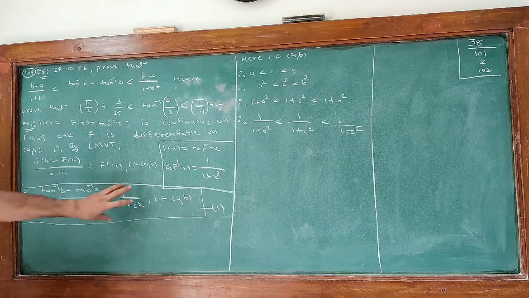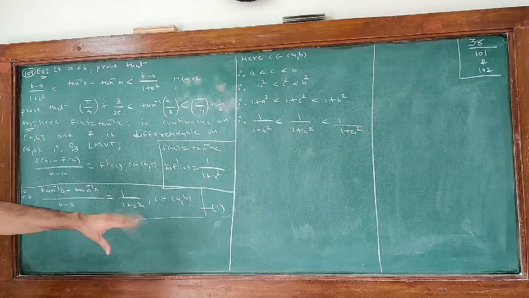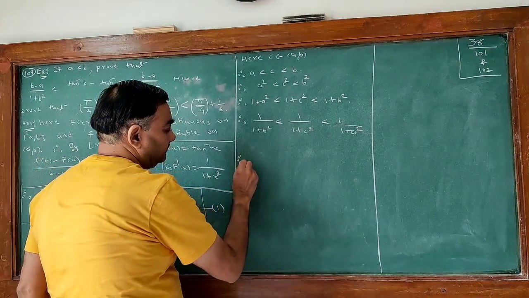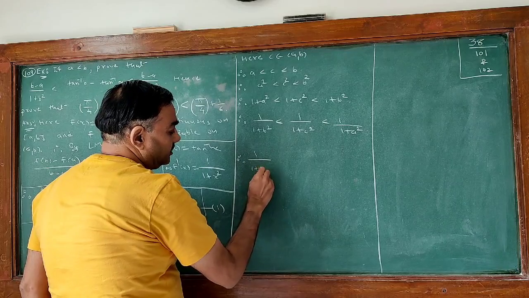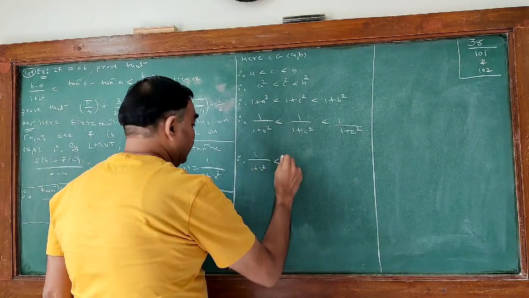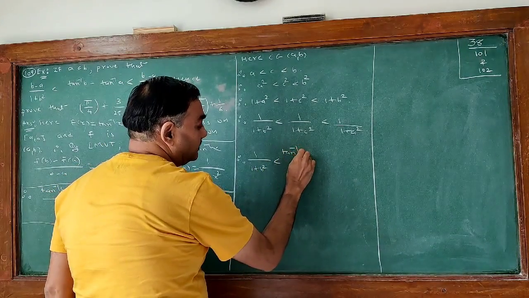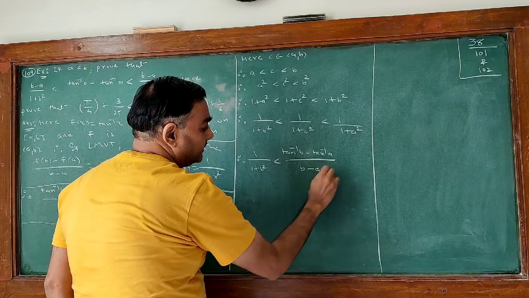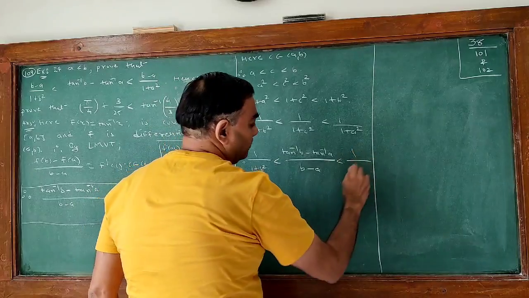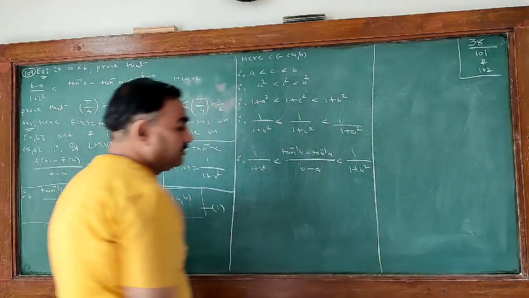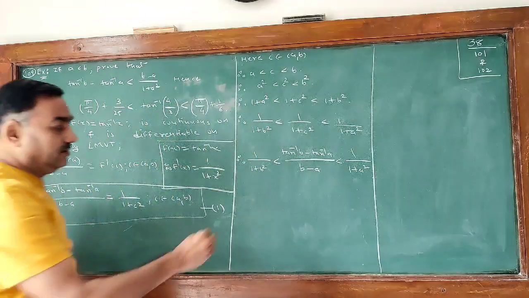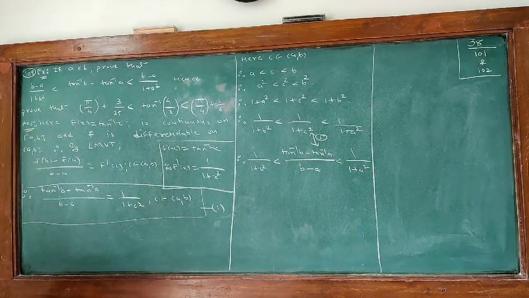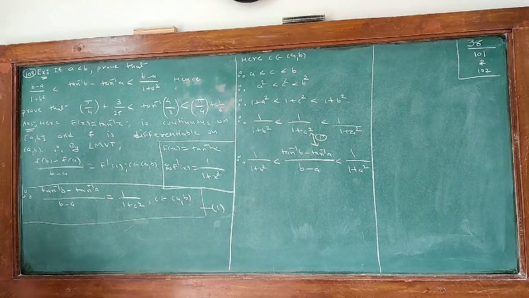Then we put the value of 1 upon 1 plus c square from equation number 1, and therefore 1 upon 1 plus b square is less than (tan inverse b minus tan inverse a) upon (b minus a) is less than 1 upon 1 plus a square. This is from equation number 1. As we do it so many times, it is once more here.